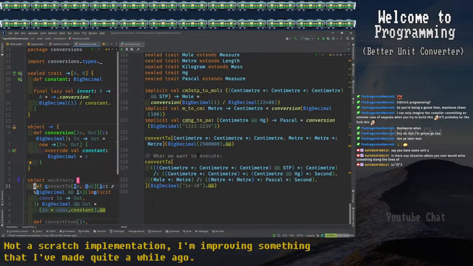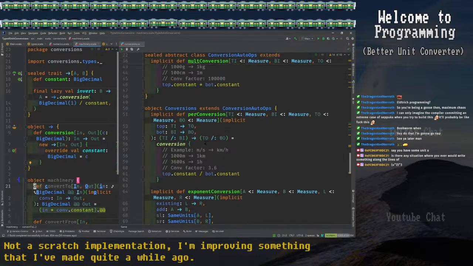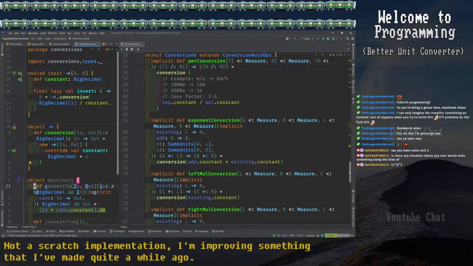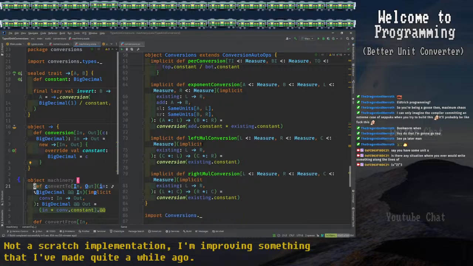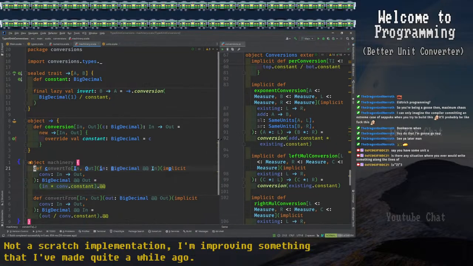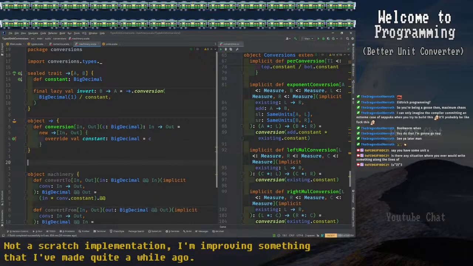So let's take a look at our rules. Let's start from the bottom. So, great. Simple conversions.